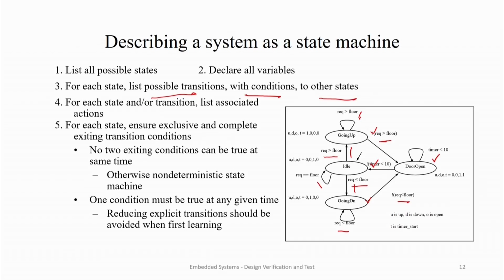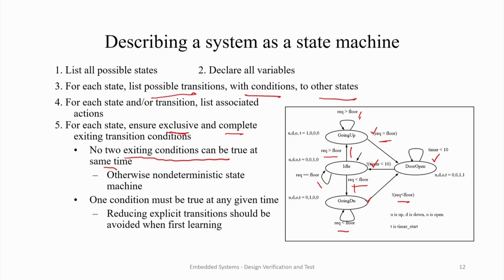After that, for each state, ensure exclusive and complete exciting transition conditions. What do we mean by these two? What happens if you do not have exclusive transition conditions? Then two conditions can be true at the same time. Exclusive transition conditions mean that there cannot be two transitions from the same state which hold true.